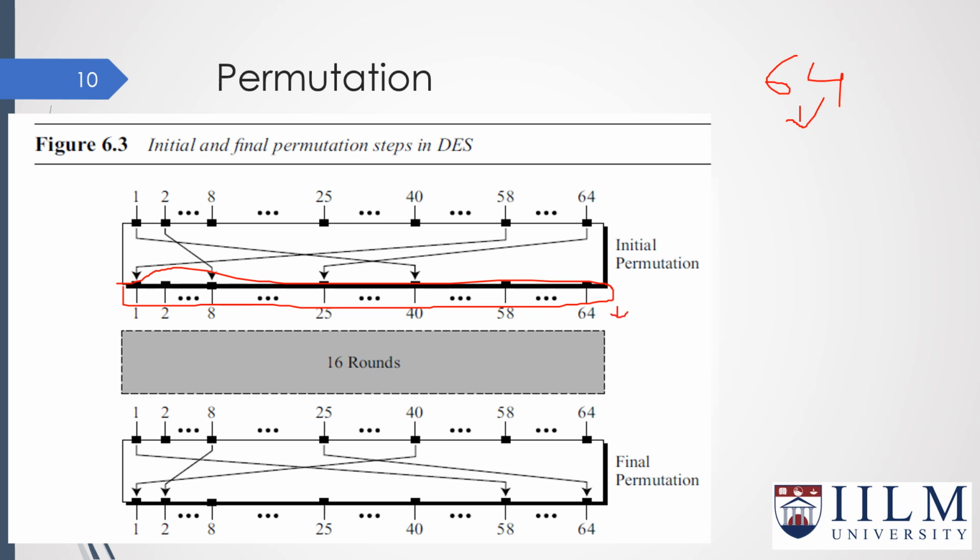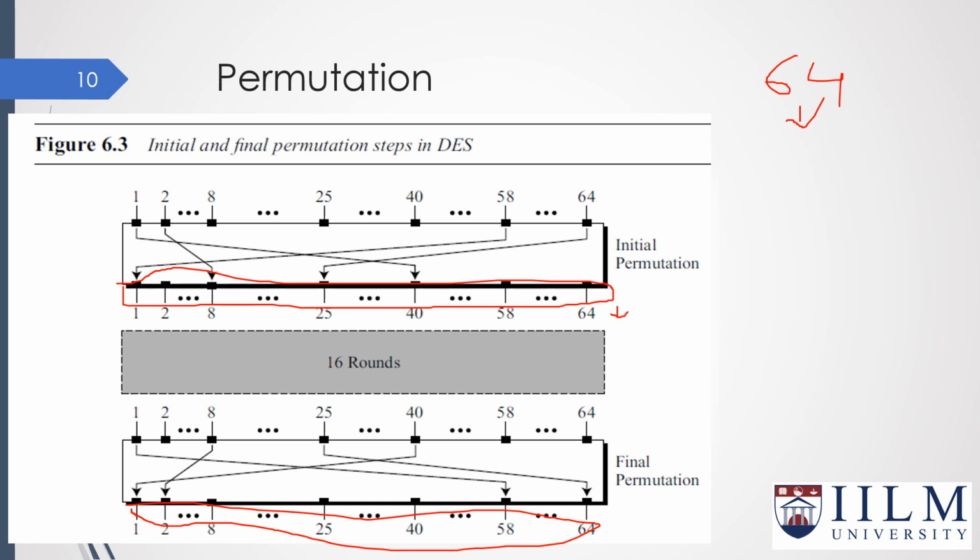After round 1, round 2 follows. DES has 16 rounds, and after the final round, the resulting sequence of bits is permuted again, so 58 goes first and 1 goes to 40, giving the final 64 bits. So we have done the initial permutation.